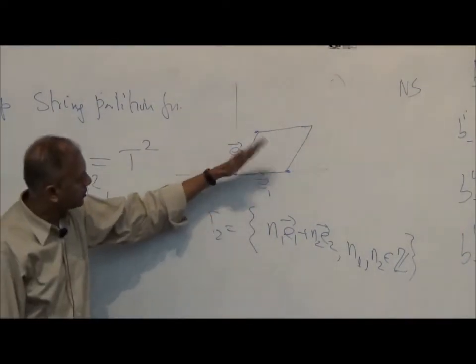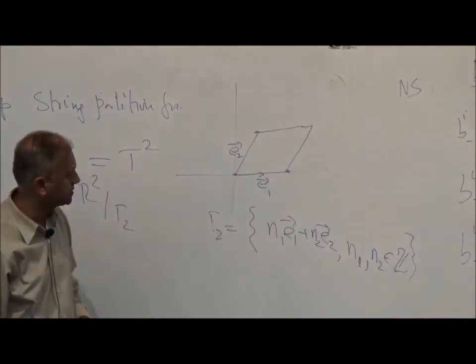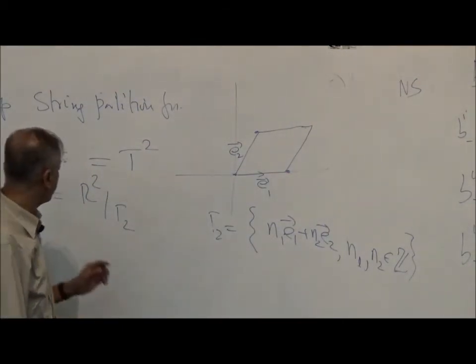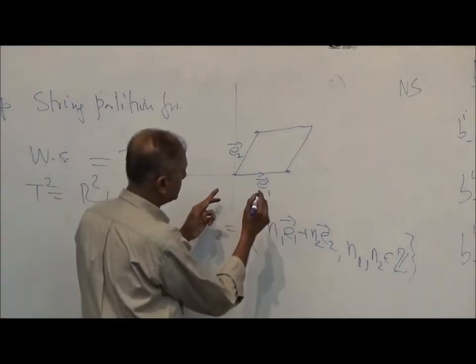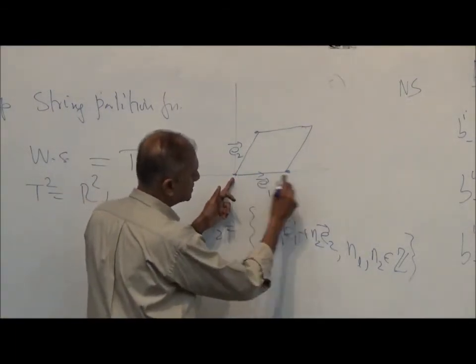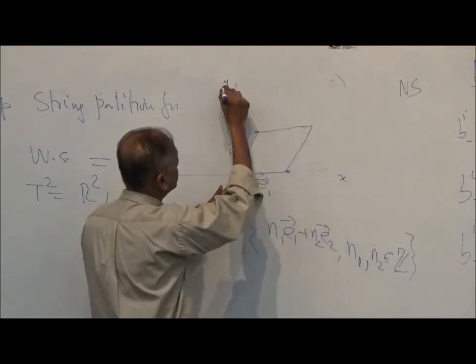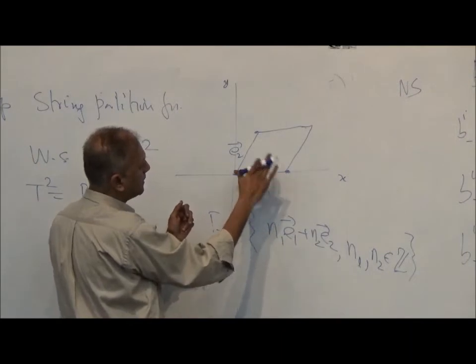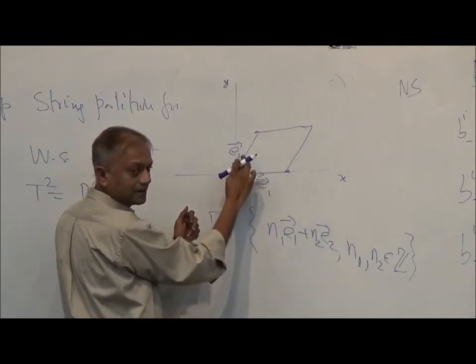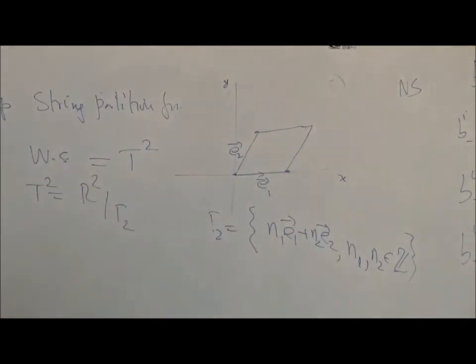So I can always bring one of them along one direction. If you do that, how many parameters are there? I bring this along the x-axis, and here is the y-axis. Its length is one variable, and for the other you have the length and the angle. So you have three variables. A two-dimensional torus is defined by three real variables.